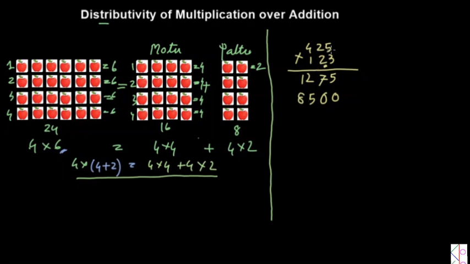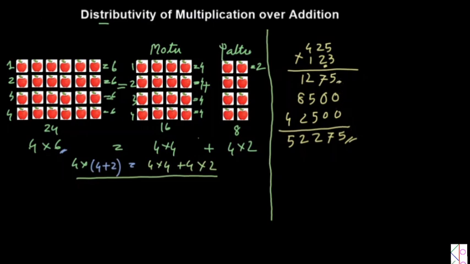Again, the 1 means actually multiplied by 100. Here 2 zeros should be there, and then 5 times 1 is 5. Now the summation gives the final value of the product.